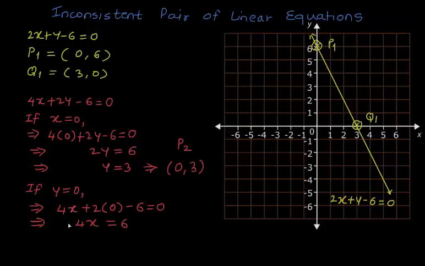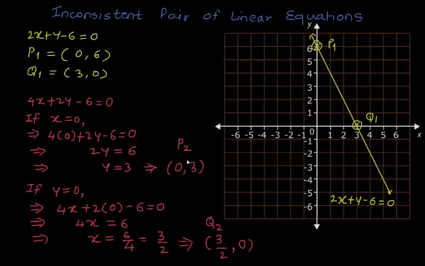That means x will be 6 by 4. And dividing numerator and denominator by 2, we get x is equal to 3 by 2. Now this gives second solution to the linear equation, where if x has value 3 by 2, then y has value 0. Let's call this point as Q2.